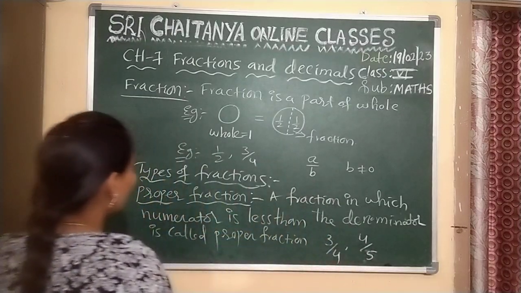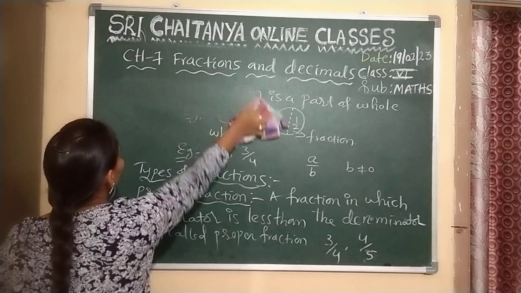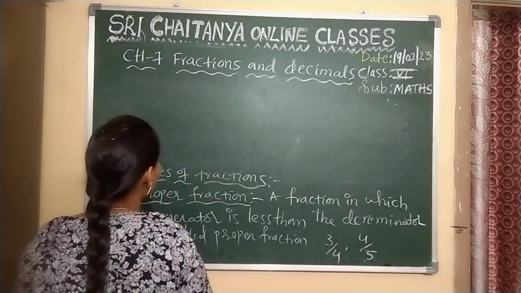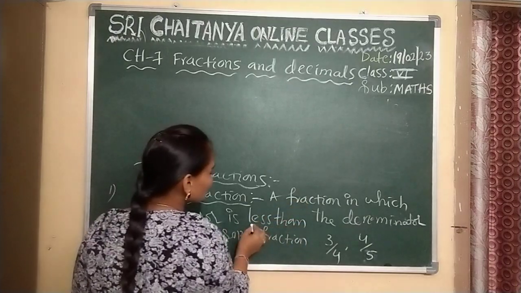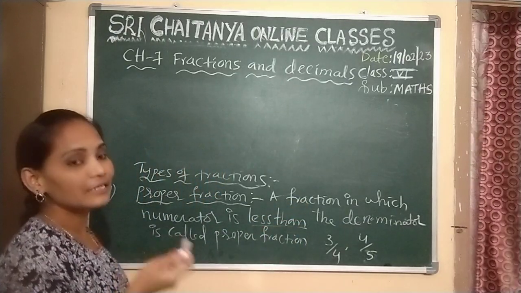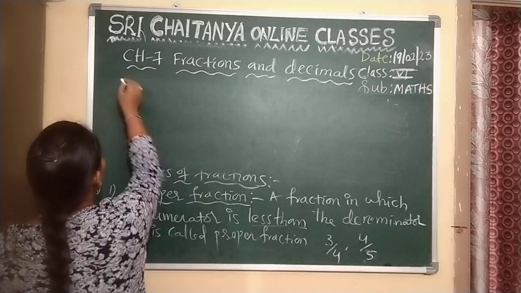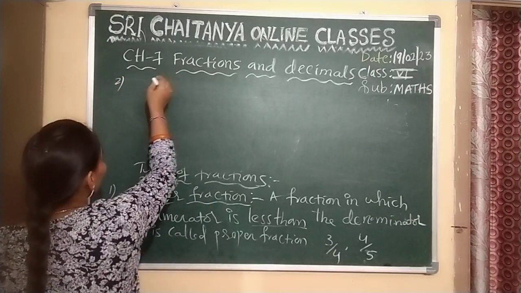Next, improper fraction. Very simple. You just change the word: instead of less than, you write the greater than symbol. Then it will be an improper fraction.